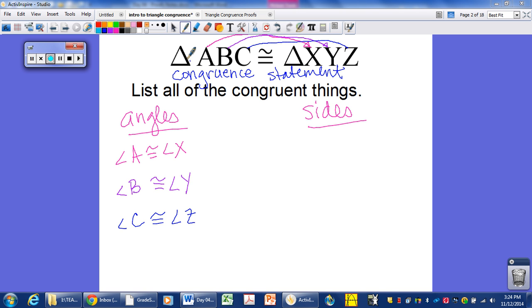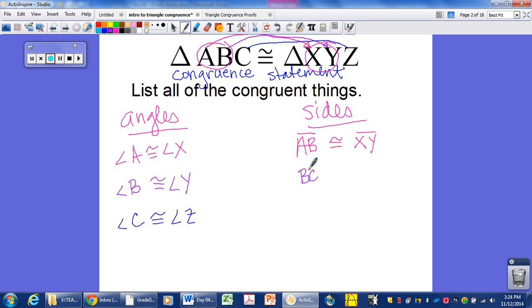So on to the sides. The sides are, of course, just 2 letters together. So side AB over here, and a side is a segment, so we draw the line on top, is congruent to side XY over here. The first 2 letters of this triangle correspond with the first 2 letters of that triangle. And so on and so forth.